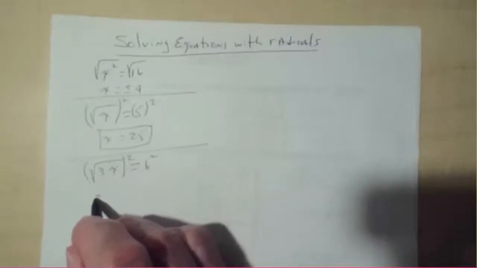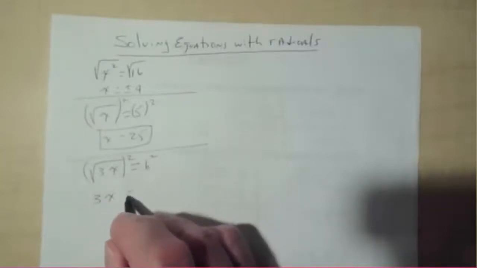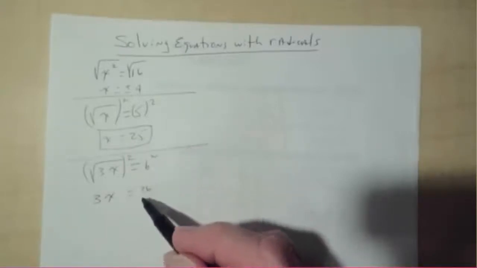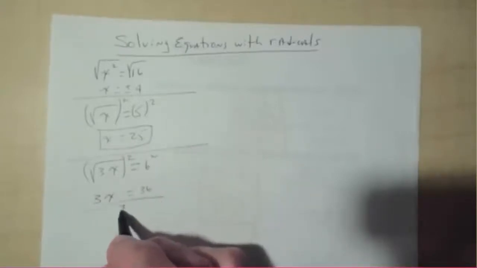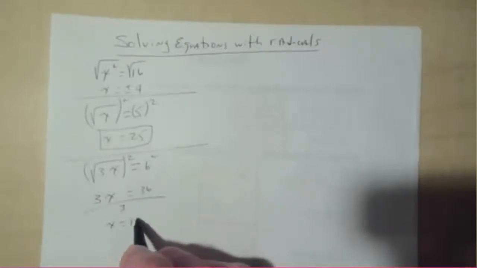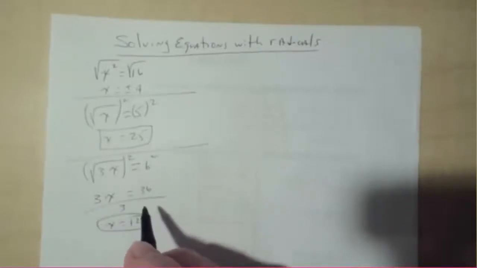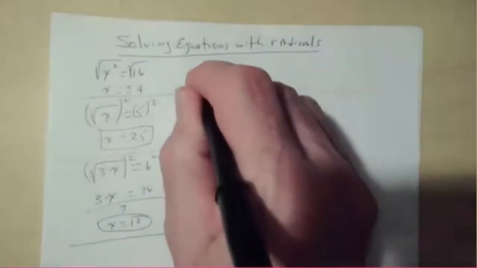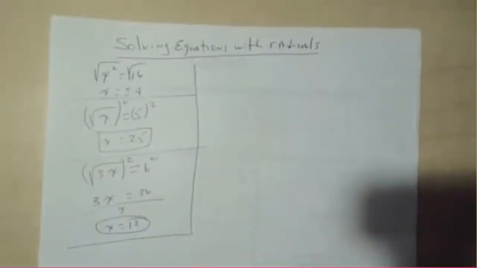So this is 3x equals 36. Right? 6 squared, 36. Divide everything by 3. X is 12. Okay.